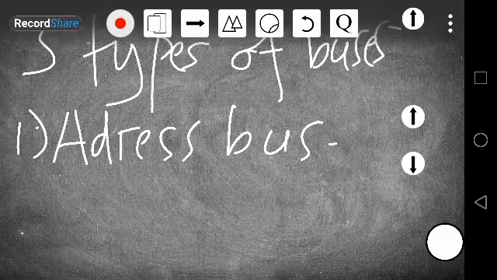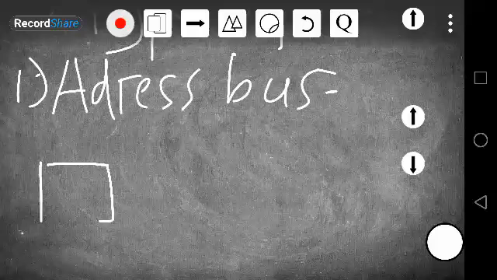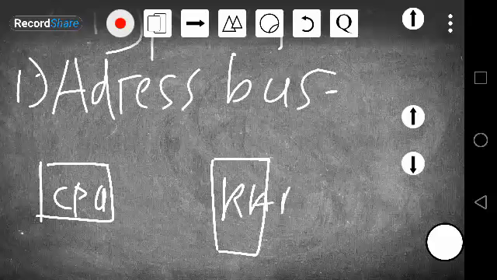So, this is a bus. This is the CPU or the processor, and this is the RAM, random access memory. Okay?